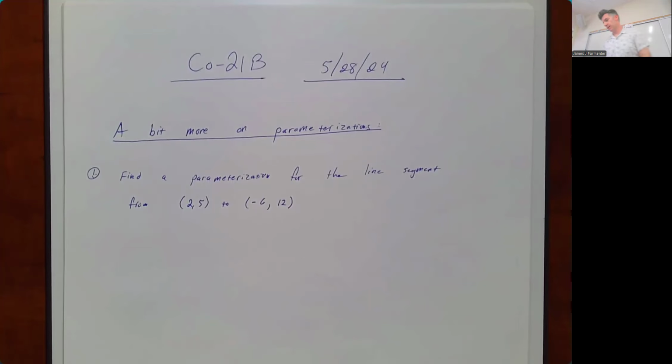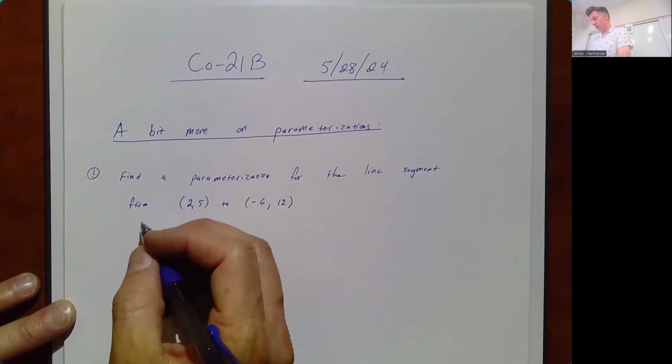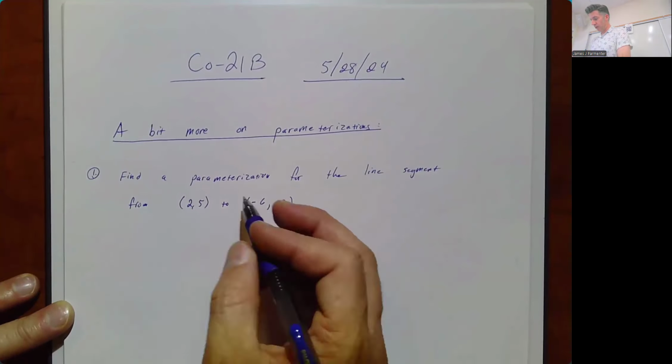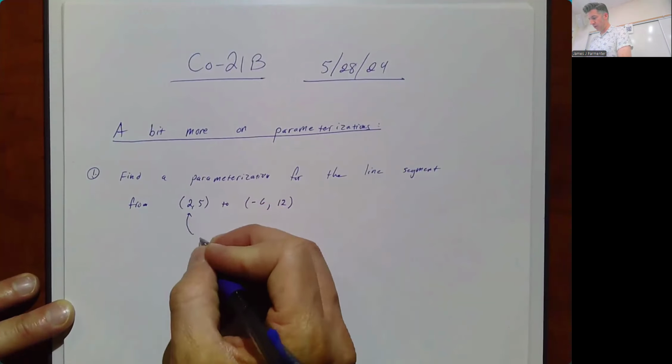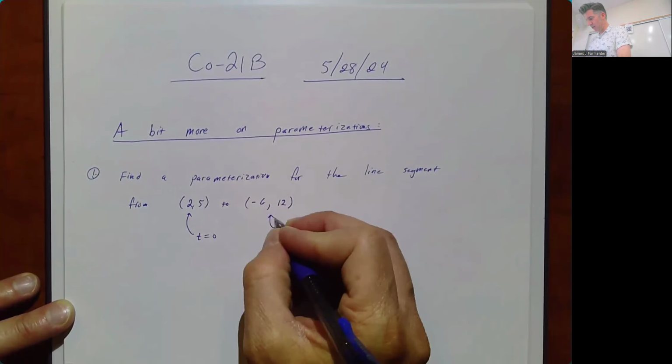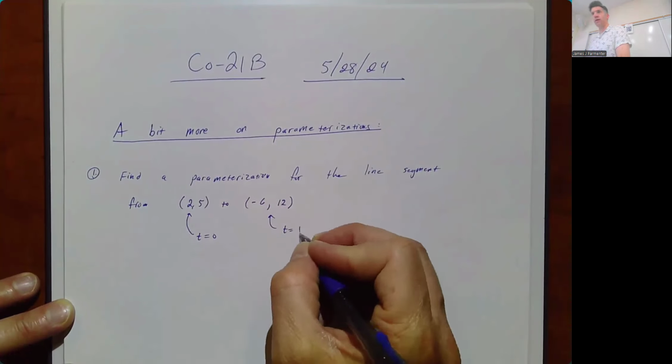So let's begin. We'll talk a little bit more about how to parameterize curves, which can vary wildly. But for line segments, there's usually a pretty straightforward process. If we're starting at a point like this and ending at the point here, we think of this as our starting point when time equals 0, and this as when time equals 1.